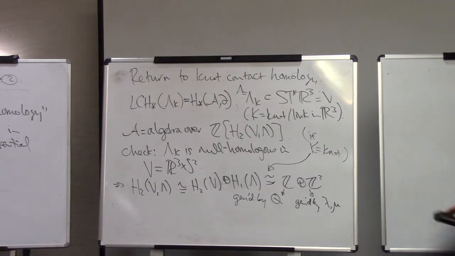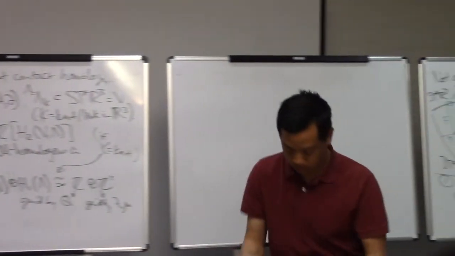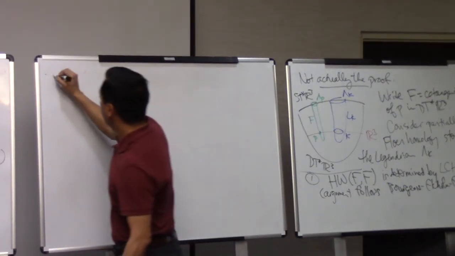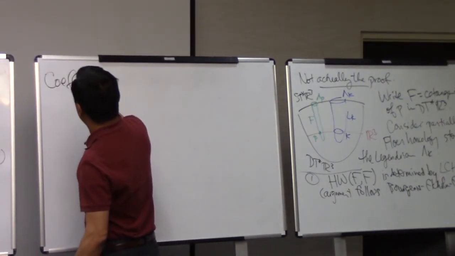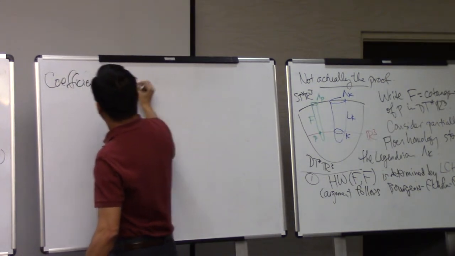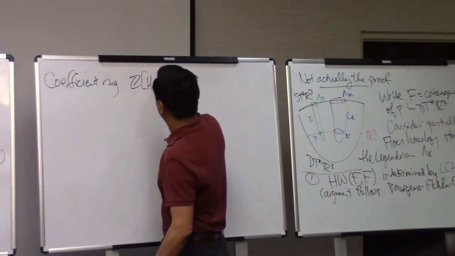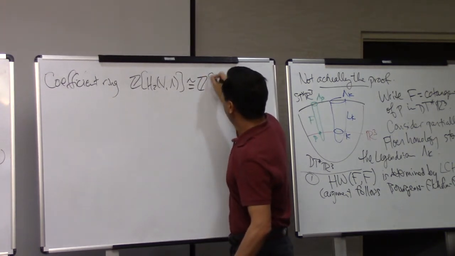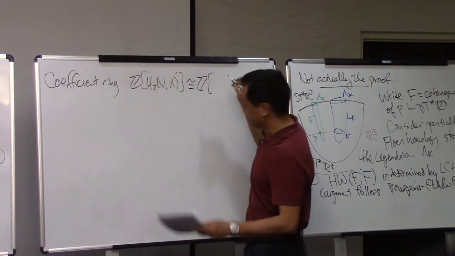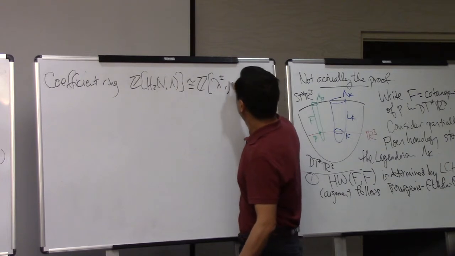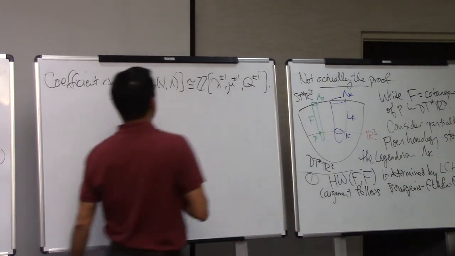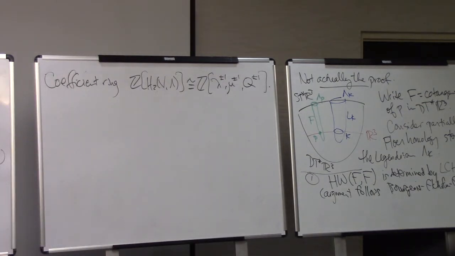I think this is okay. So what this means is that the coefficient ring Z H2 of V lambda is now just Laurent polynomials in three variables. That's for K being a knot.